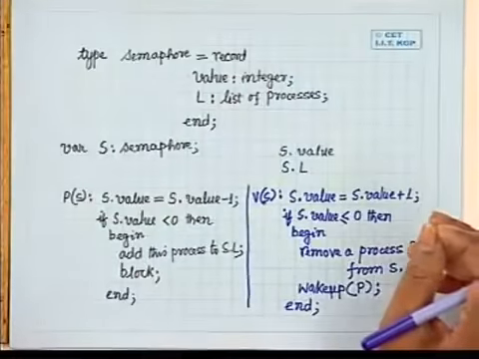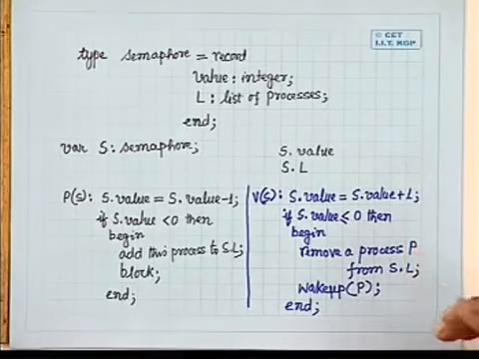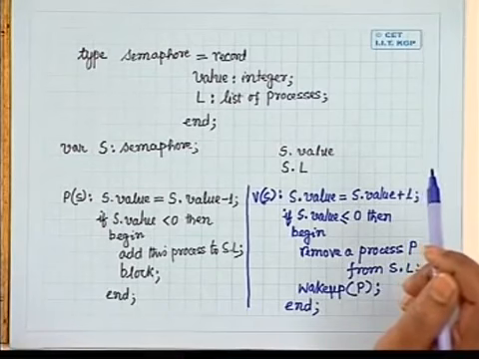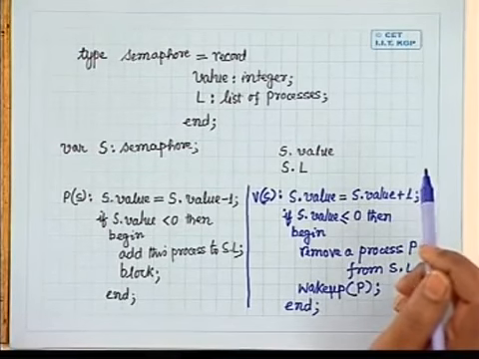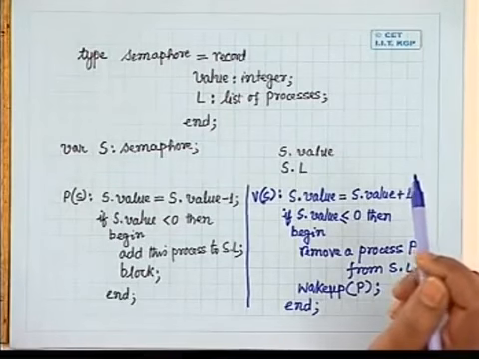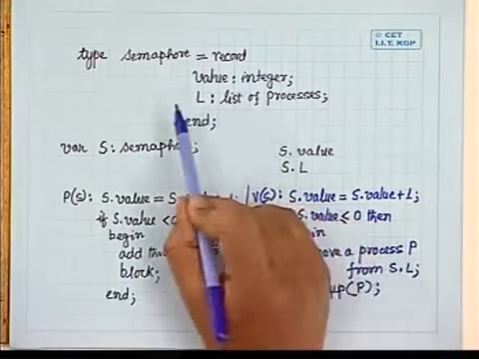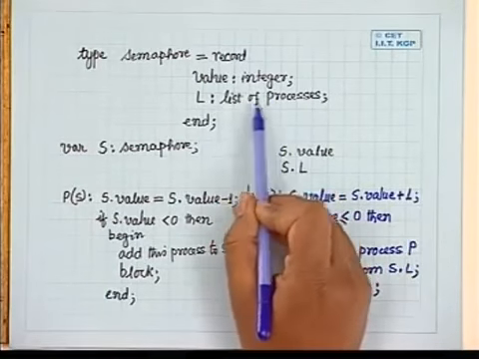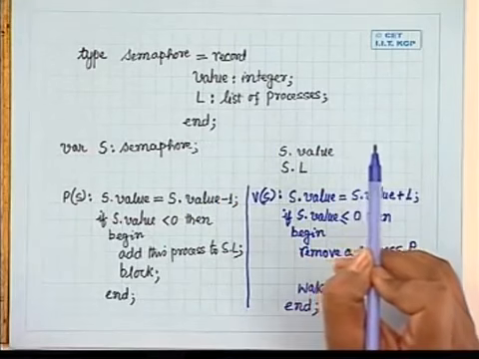Then we have redefined the operations P and V on the semaphore variables to avoid the busy waiting problem, where instead of having a semaphore assume only integer values, we have defined semaphore as a structure having an integer value as well as a list associated with it.